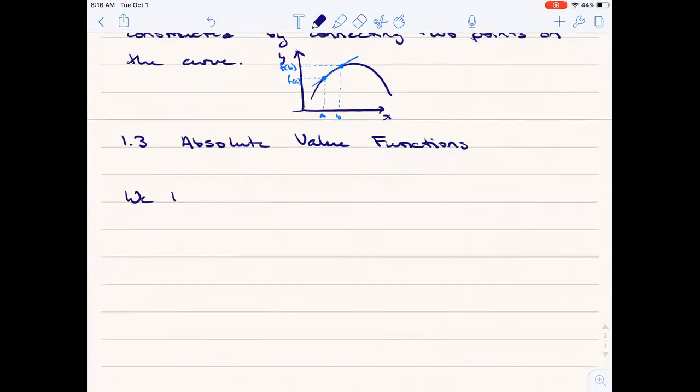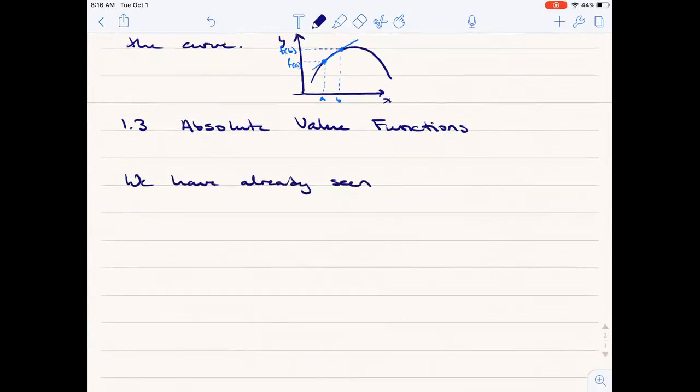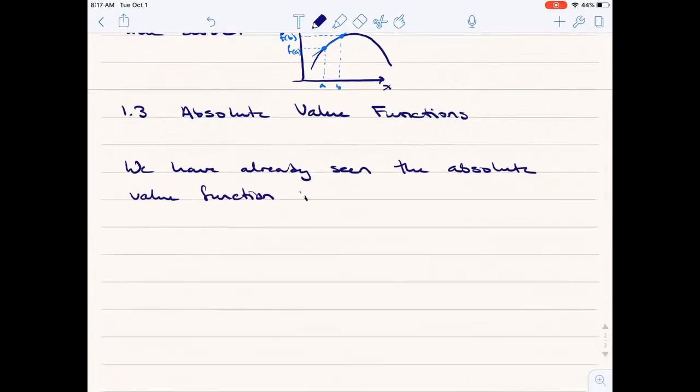We have already seen the absolute value function in calculating the MAD, the mean absolute deviance or distance, I can't remember, doesn't matter.